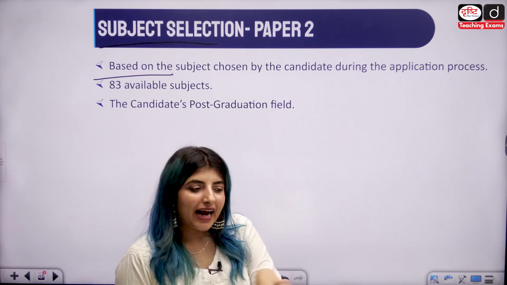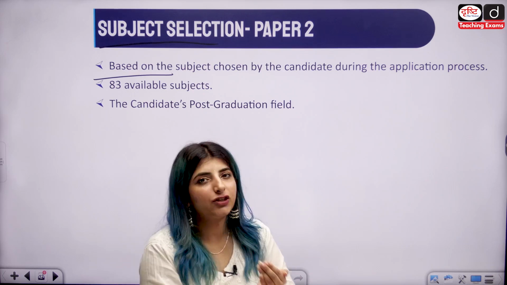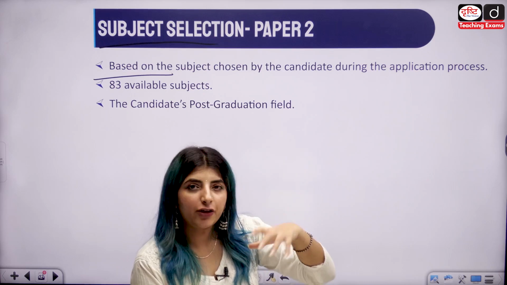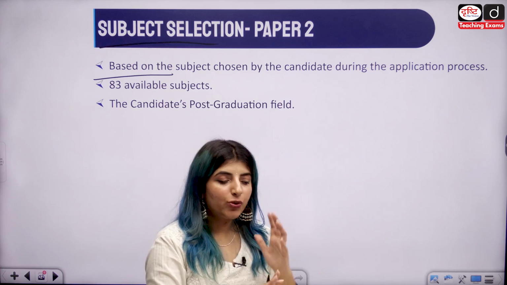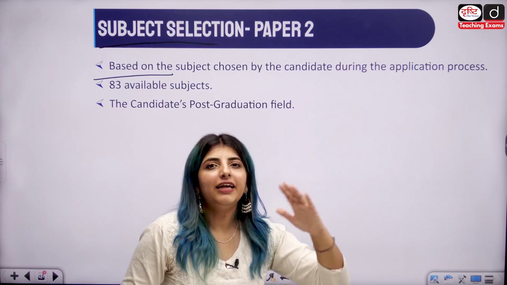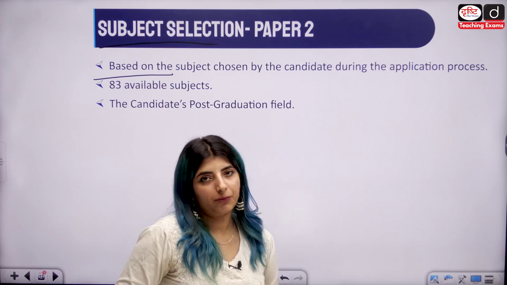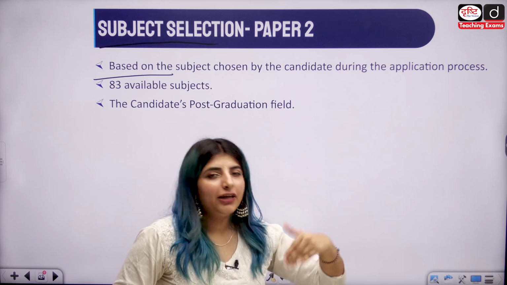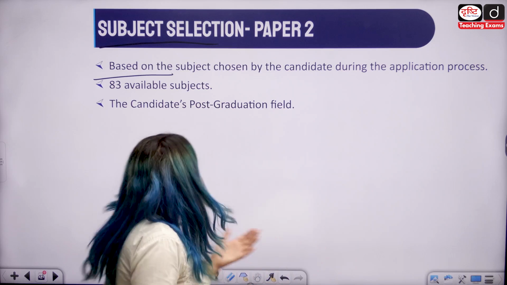But again, that is reserved, there is a list of allied subjects for which you can appear based on your masters. But majorly, whatever subjects students have chosen in their masters, they do appear for the same in the examination, correct? So 55% of marks in your master's subject, let's just say Punjabi, then you will be appearing for the NET examination in Punjabi. You've cleared it, so on and so forth.